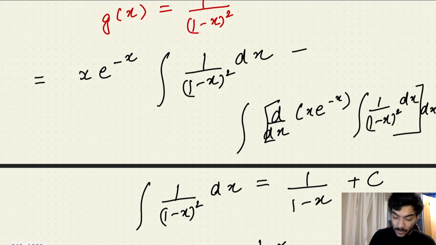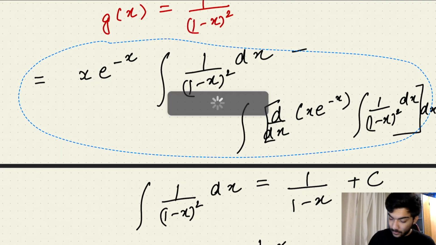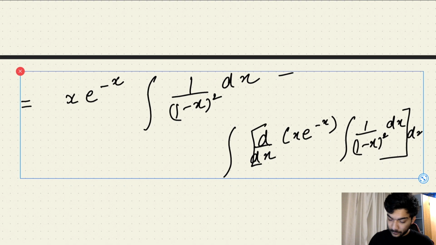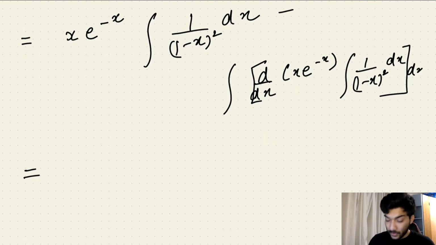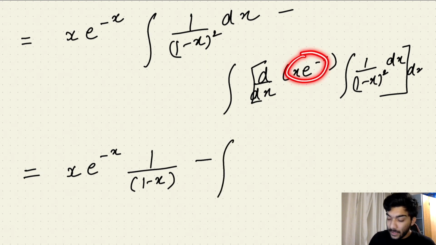So now let's take this expression to the next page. So this expression will be simplified to x e to the power minus x. This is basically 1 upon 1 minus x as calculated before, minus the derivative of x e to the power minus x, which will be calculated by using the chain rule.